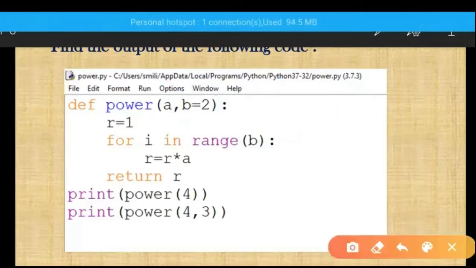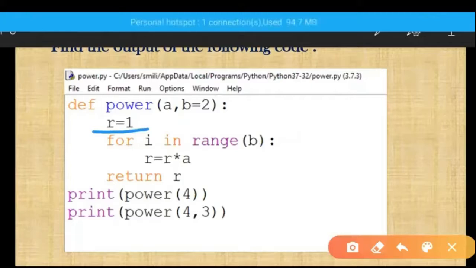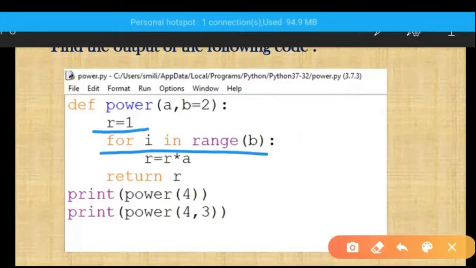In the definition of the function, I have one variable r initialized to 1, and one loop, for i in range b. Whatever the value of b is, this loop will run that many times.